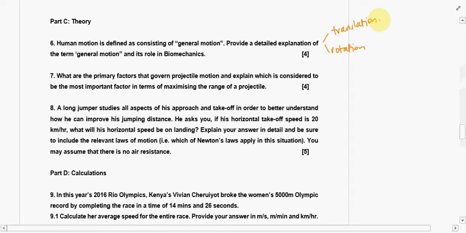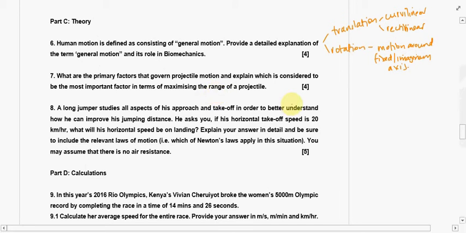Translation can be curvilinear or rectilinear. You want to unpack that, and then rotation is motion around a fixed or imaginary axis. You can unpack that a little bit more, but in essence that's what that entails.